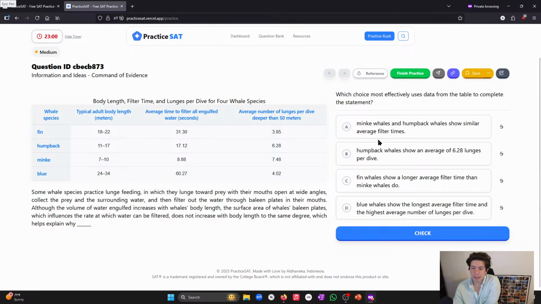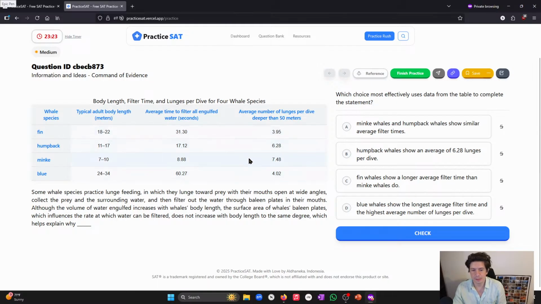Minke whales and humpback whales show similar average filter times. They don't really have a similar time because this one's double that one. Humpback whales show an average of 6.28 lunges per dive. I don't think that really ties in with their body length. Fin whales show a longer average filter time than minke whales do.